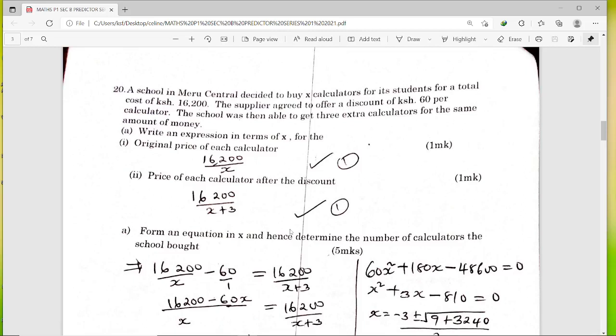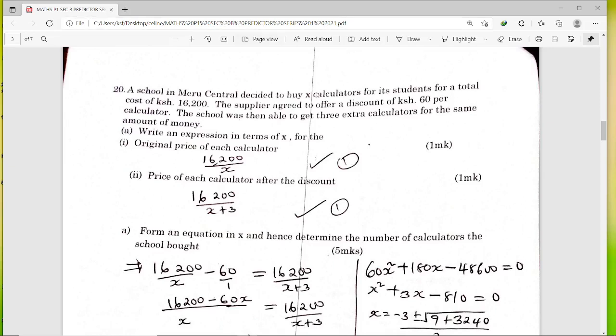The supplier agreed to offer a discount of 60 Kenyan shillings per calculator. The school was then able to get 3 extra calculators for the same amount of money. Write an expression in terms of X for the original price of each calculator.